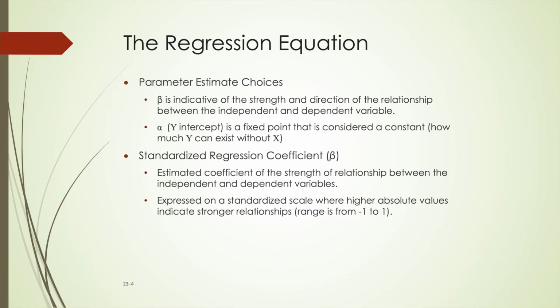Now, the alpha, which is the y-intercept, is a fixed point that is considered a constant. How much Y can exist without X? You'll see this in a few slides, and it's in your textbook also, an example of it. So don't worry yourself at this point about that. Standardized regression coefficient: it's the estimated coefficient of the strength of relationships between the independent and dependent variables.